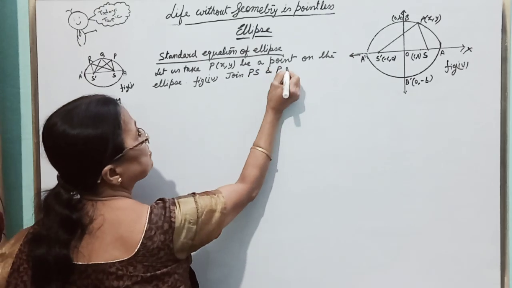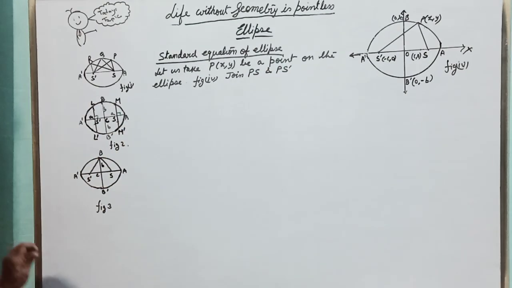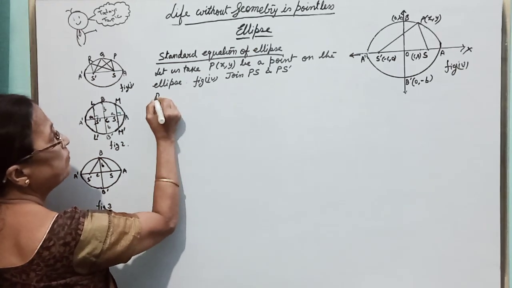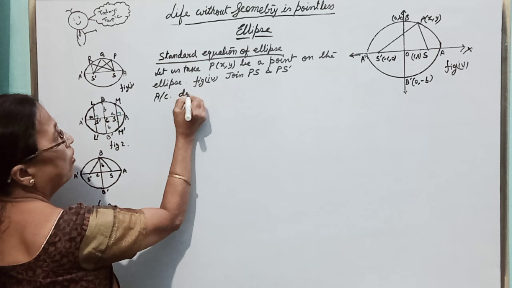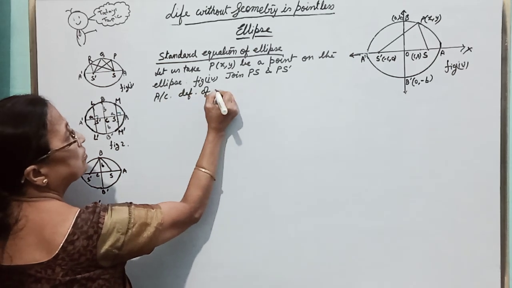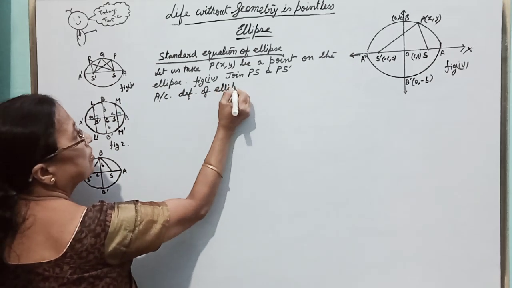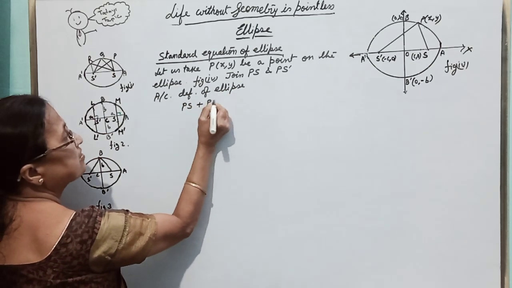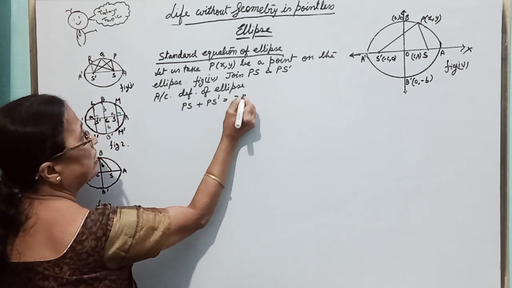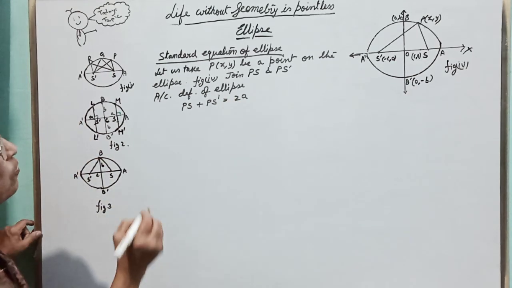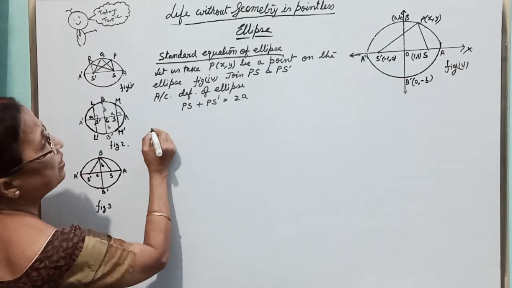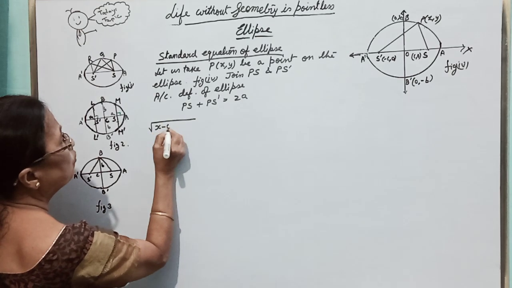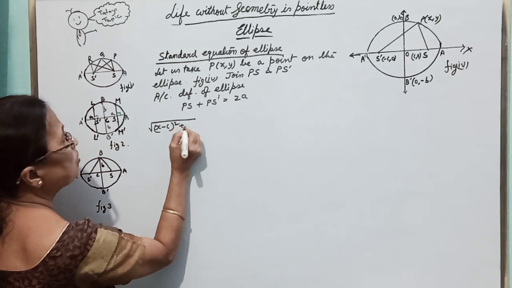and PS dash. So according to the definition of ellipse, I can write PS plus PS dash is equal to 2a. Now what is the distance formula of PS? PS is equal to under root x minus c whole square plus y square.